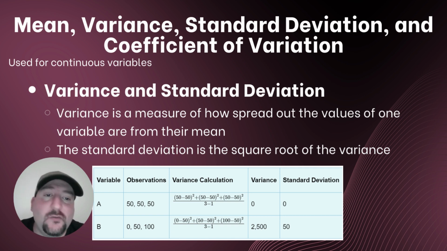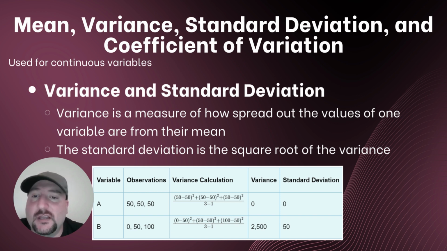There is no variance in these numbers, and the resulting variance and standard deviation are zero. In variable b, however, there is a large variation in the three observations, and thus a very large variance of 2500 and a standard deviation of 50.